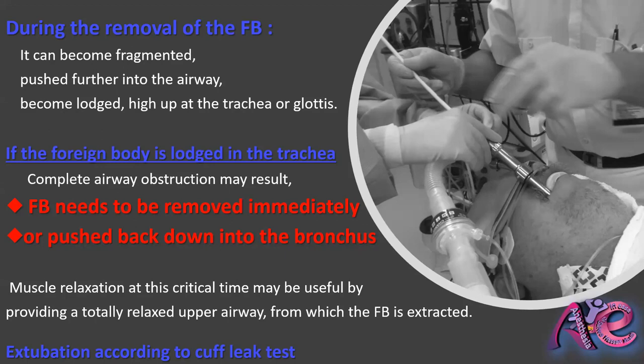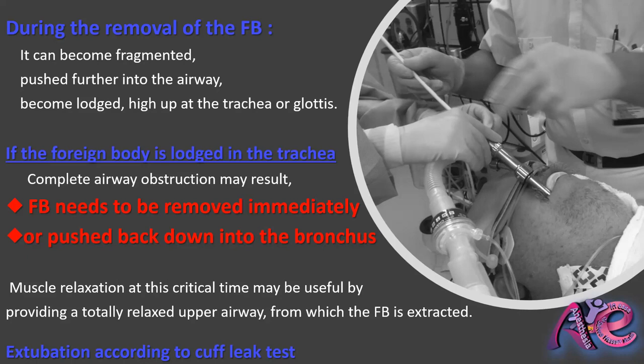So if the foreign body is lodged in the trachea, I have to tell the surgeon either to remove this foreign body immediately, or, if he can't remove it, to just push it back down into the bronchus in order to give oxygenation for the patient and stabilize the general condition, and then try to remove it again.